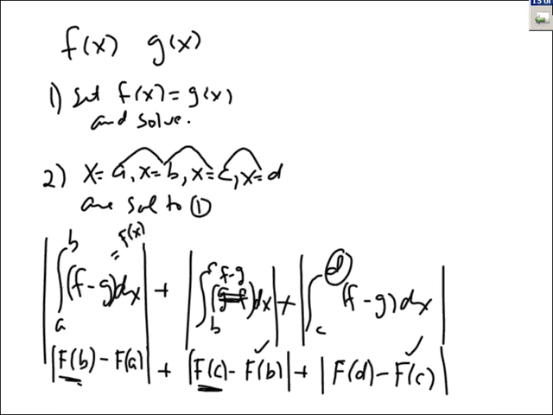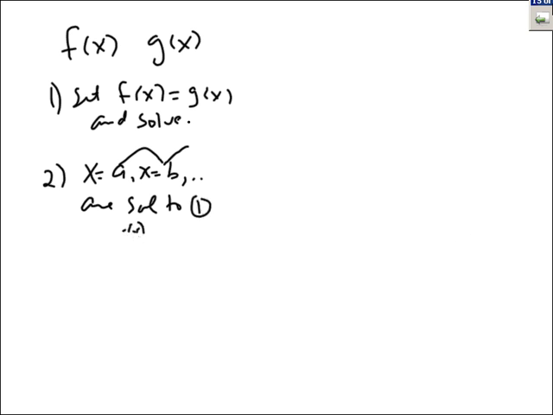If in step 2 you just have two values. You cannot just have one value. Why is that?